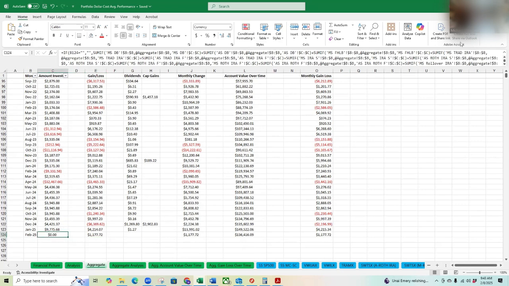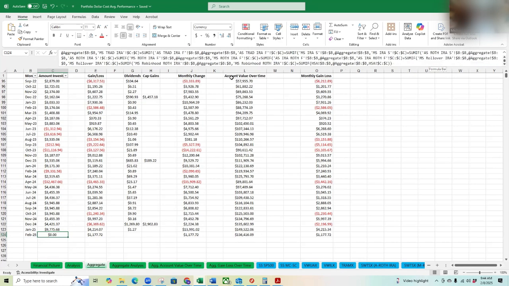As you can see, the formula is huge, and it's a SUMIF. I have a tab for every account. MSDB is one of my 401 accounts, and ASDB is my wife's 401 account. And it's continually looking at every single account.